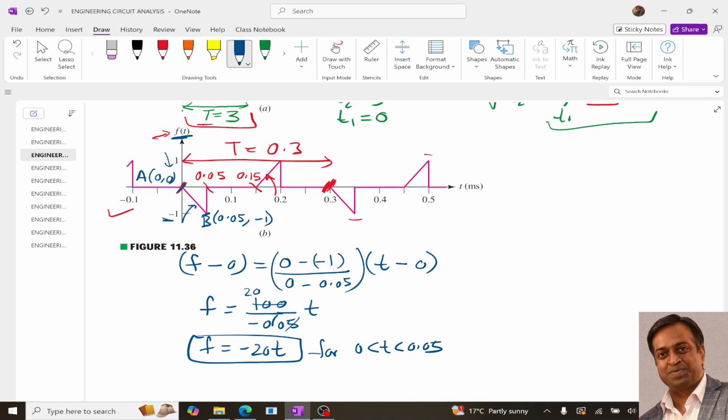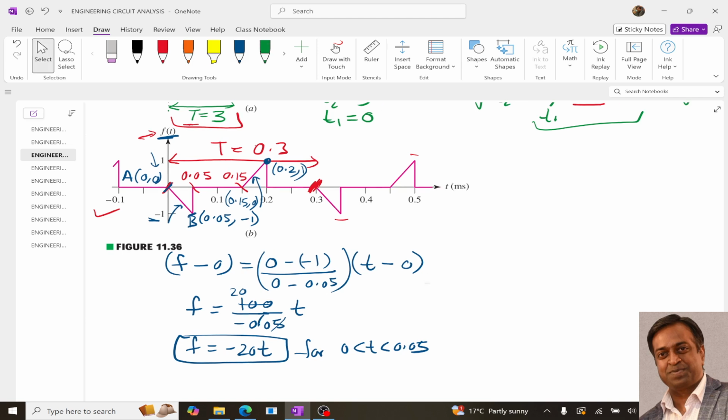Similarly, I will try to get the equation for this part, and over here I have two coordinates. One coordinate is this 0.15 comma 0, right? And this second point is this, which is on the x-axis we have 0.2, on the y-axis we have 1. Now having these 2 points, again we will try to calculate the equation.